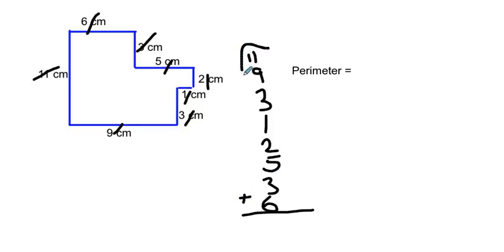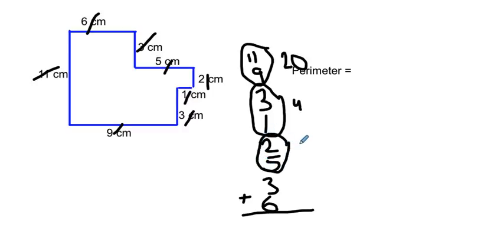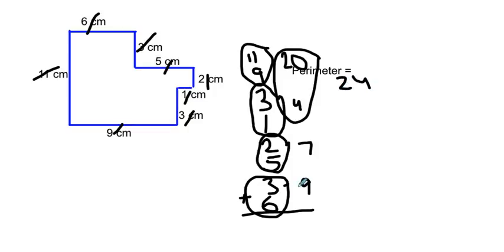So if I do 11 plus 9, that makes 20. 3 plus 1 would make 4. 5 plus 2 would make 7. And 6 plus 3 would make 9. Then 20 plus 4 would make 24. And then 7 plus 9 is 16.